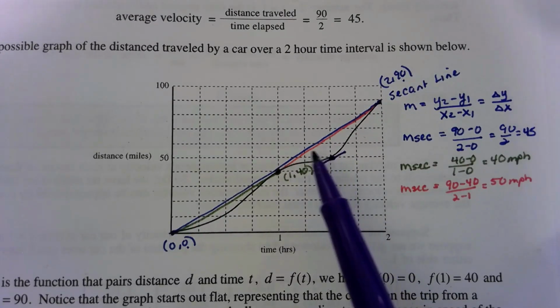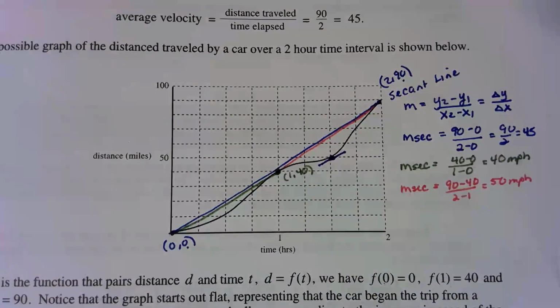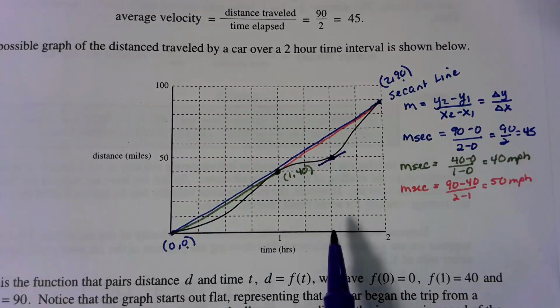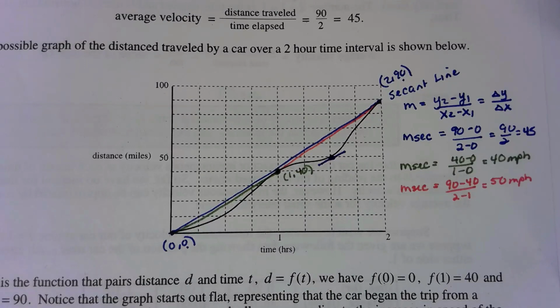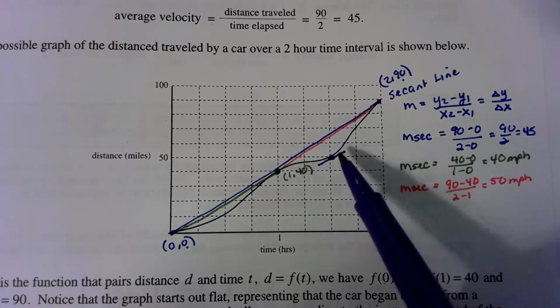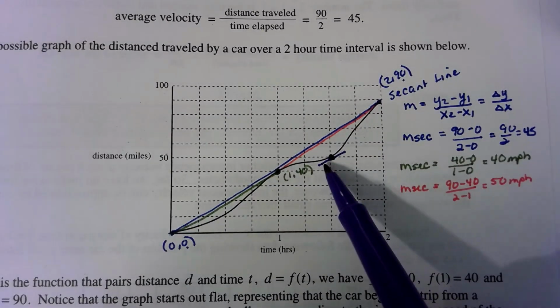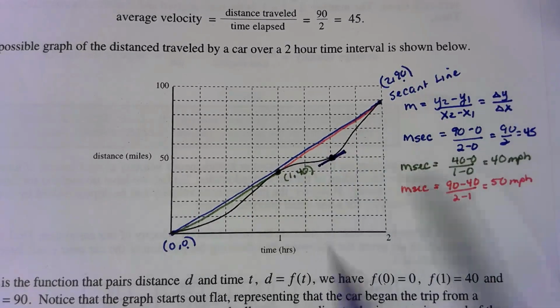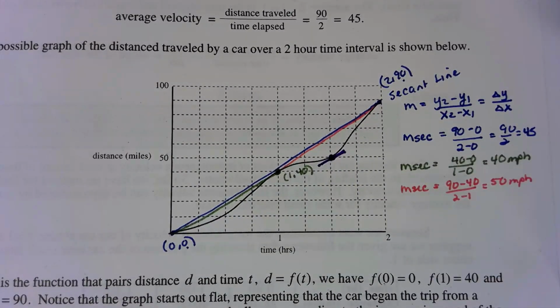Not between 1 and 2, or not between 1 and 1.5, but exactly at the moment when time was 1.5 hours. Well, the problem is now I only have a point. And if I draw a line through that point, I don't have a second point, so I can't use this formula.